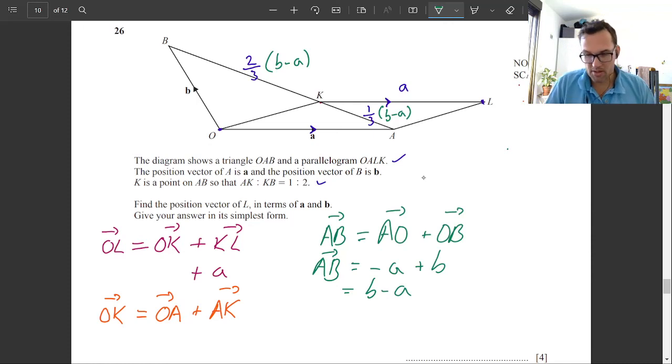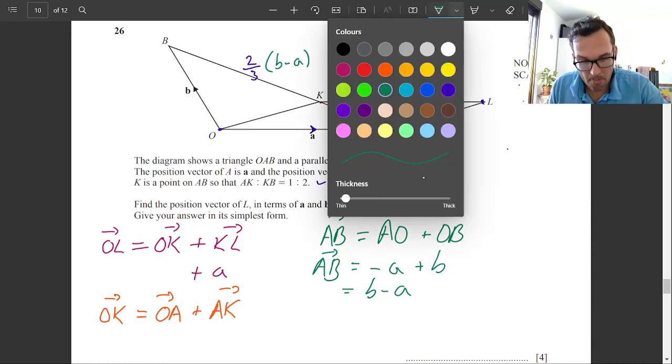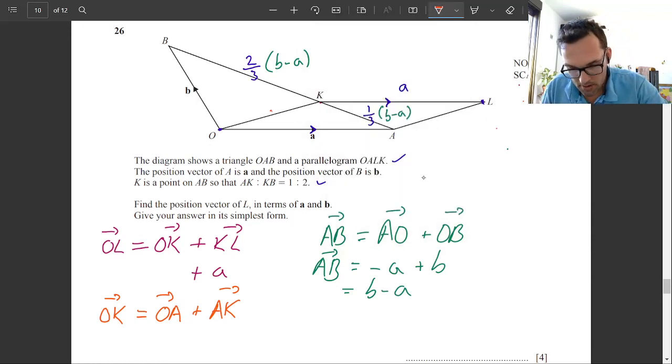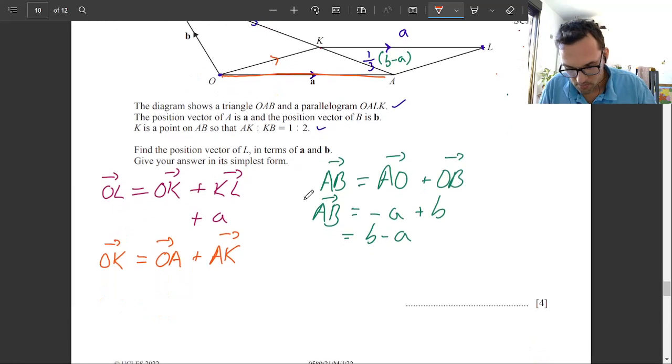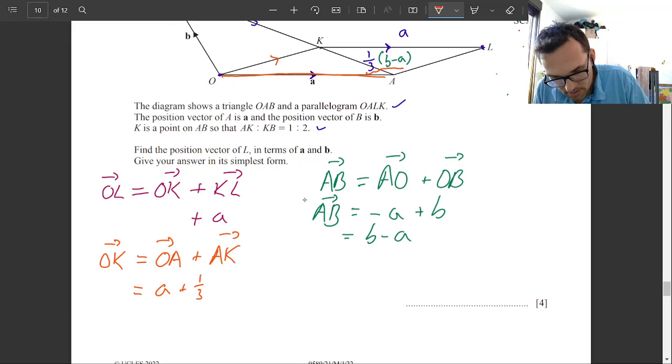Right, we're making progress. Now we can go back to OK. OK, remember, is OA, so that is A, and AK, we just worked that out, is 1/3 of B minus A. So let's simplify that.